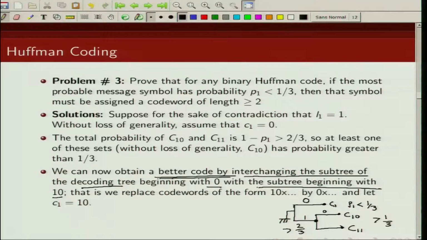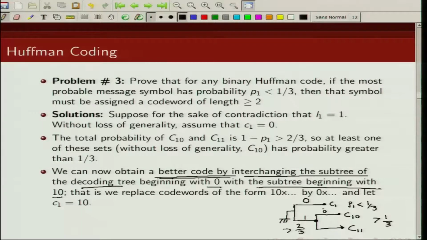So that's what I am saying, that we can obtain a better code by interchanging the subtree beginning with 0 with the subtree beginning with 10. Why? Because one of these nodes has probability greater than 1/3, whereas this one has probability less than 1/3.